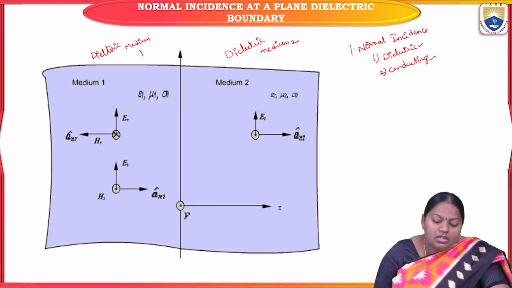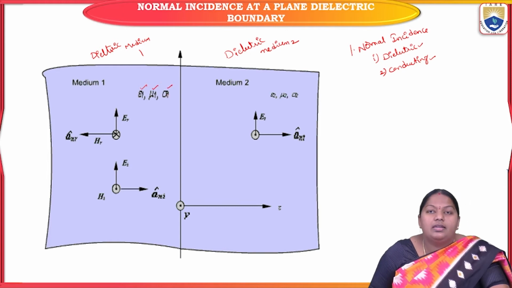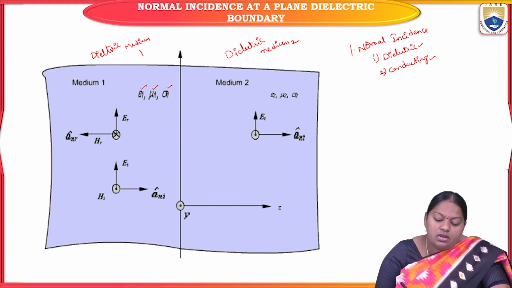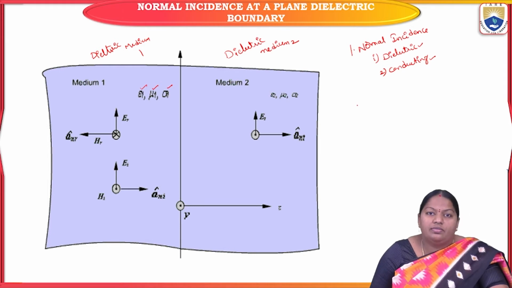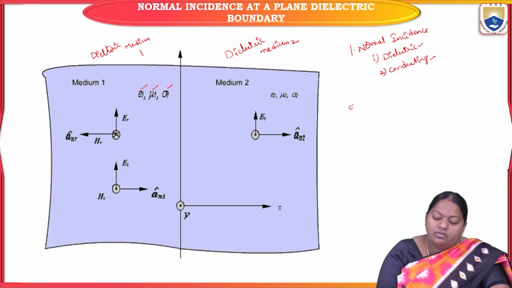What are the characteristics of these two media? Firstly, we consider epsilon 1, mu 1 and sigma 1 for dielectric medium 1, and epsilon 2, mu 2, sigma 2 for medium 2: permittivity, permeability and conductivity of the medium. For a dielectric medium, what is the value of sigma?